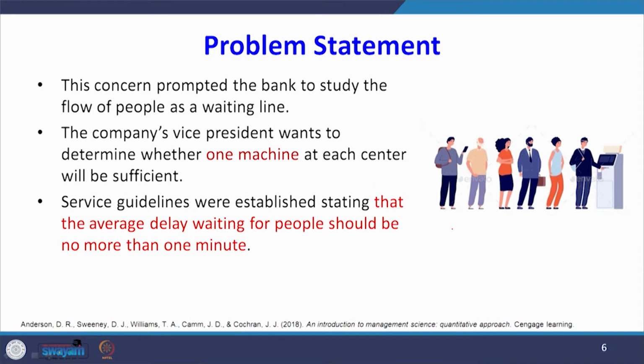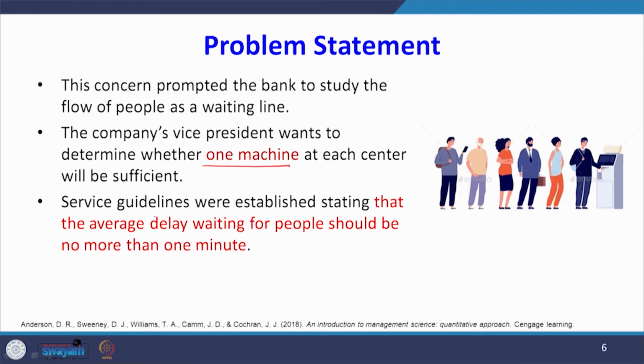This concern prompted the bank to study the flow of people as a waiting line. The company's vice president wants to determine whether one machine at each center will be sufficient. You might have seen an ATM center adjacent to a bank; sometimes there will be one machine or two machines. At present, assume that the bank has only one machine.